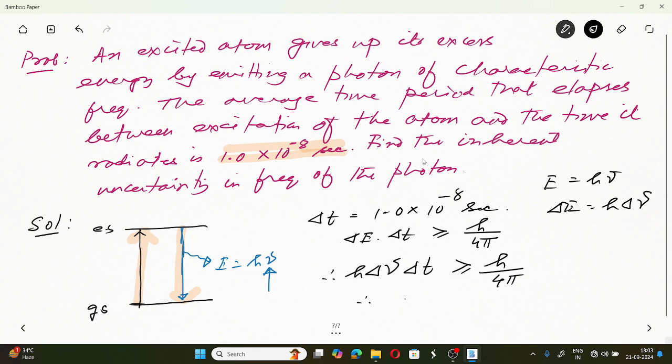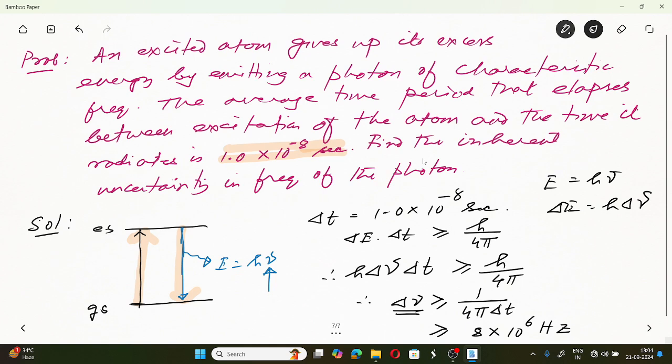Therefore, delta nu is greater than or equal to 1 by 4 pi delta T. You can calculate this, and you'll find it will be approximately 8 into 10 to the power 6 hertz. This is the uncertainty in the determination of frequency.